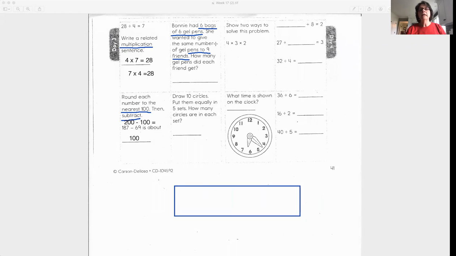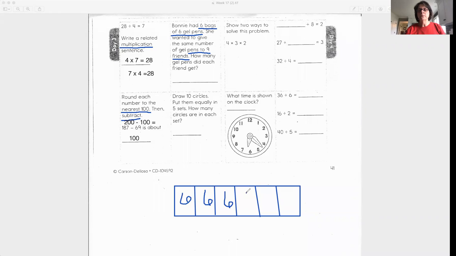Okay, and I need 6 bags, so I will draw 6 parts to my tape diagram. 3, 4, 5, 6. And then to represent the pens, I'm just going to draw a 6 inside each part. And so now I've got equal groups.